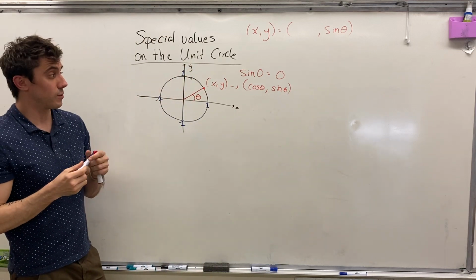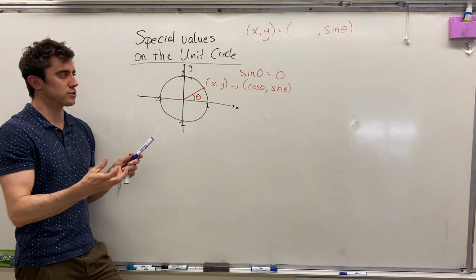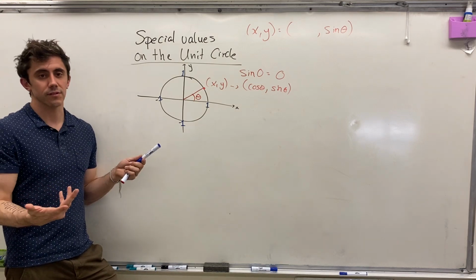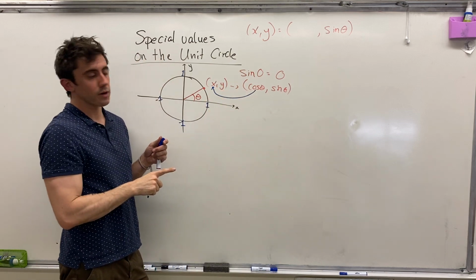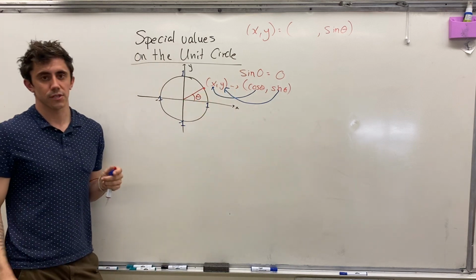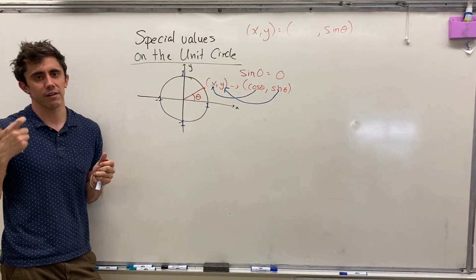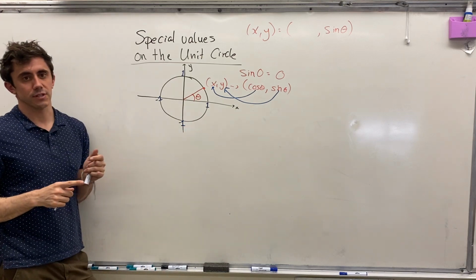And that means that whenever we're looking for specific values, doing calculations, and actually using those values to evaluate different expressions, cos theta always corresponds to the x coordinate, and sine theta similarly always corresponds to the y coordinate. It's something very, very helpful to keep in mind as we work our way through the 4 quadrants of our unit circle, okay?